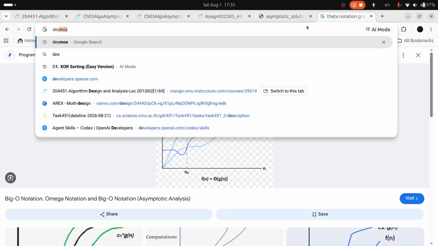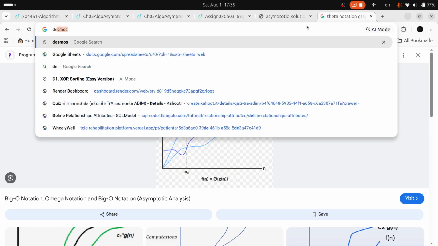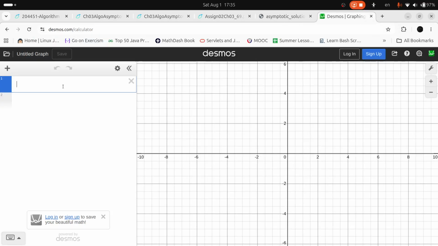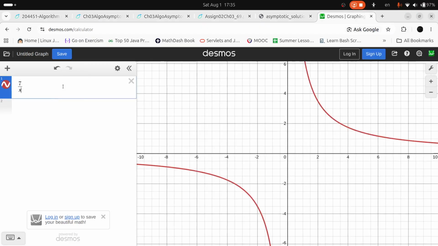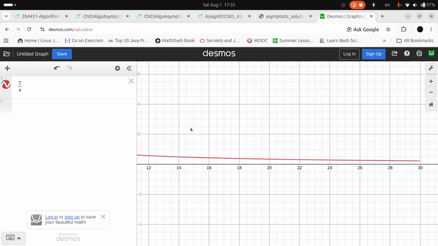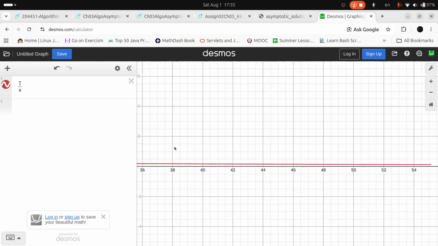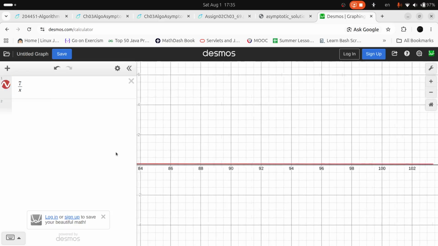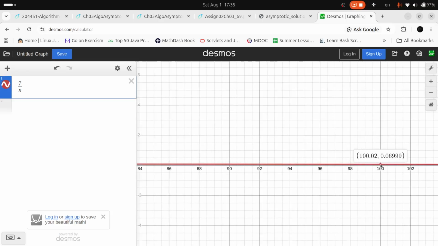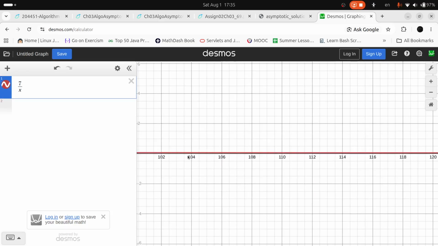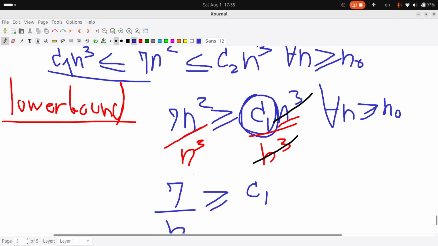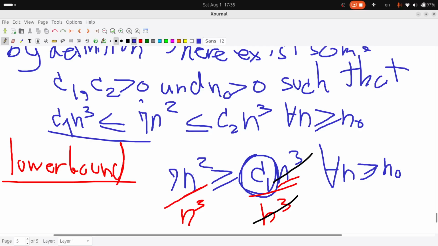If I write the limit of 7 divided by x, you can see that when x is arbitrarily large, the limit is going to be 0. But we know that c1 cannot be 0, right? And it will contradict.